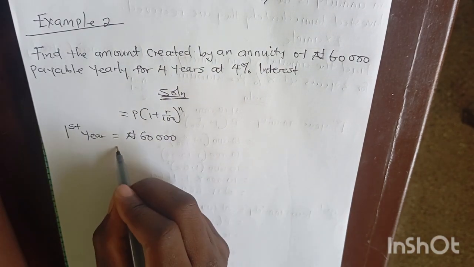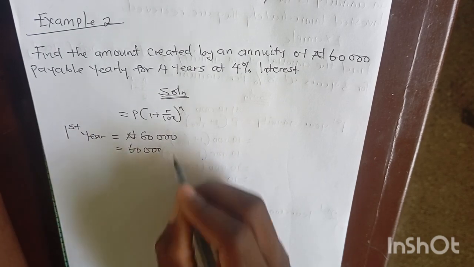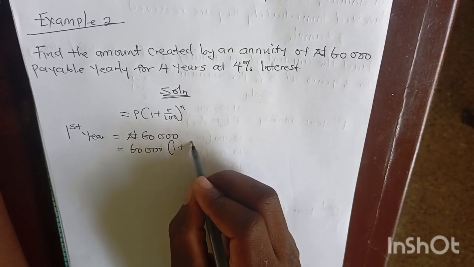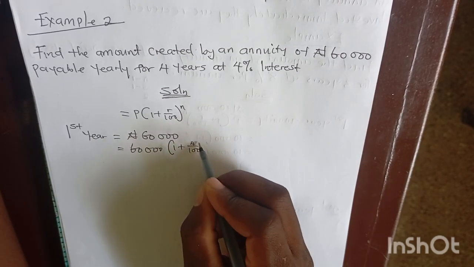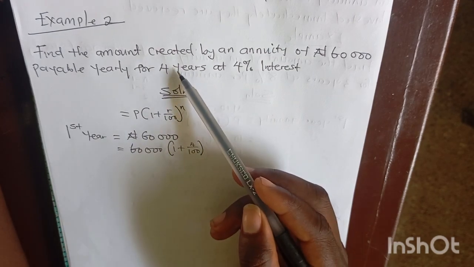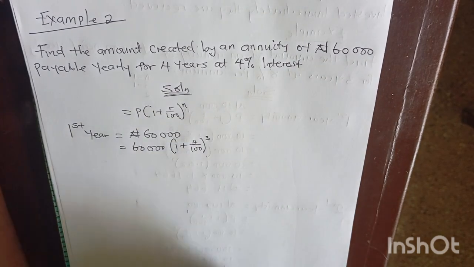So we now have 60,000 open bracket 1 plus, what is our rate? Our rate is 4 all over 100, raised to the power of 4 years. But because we are dealing with an annuity, we go with 3 years.